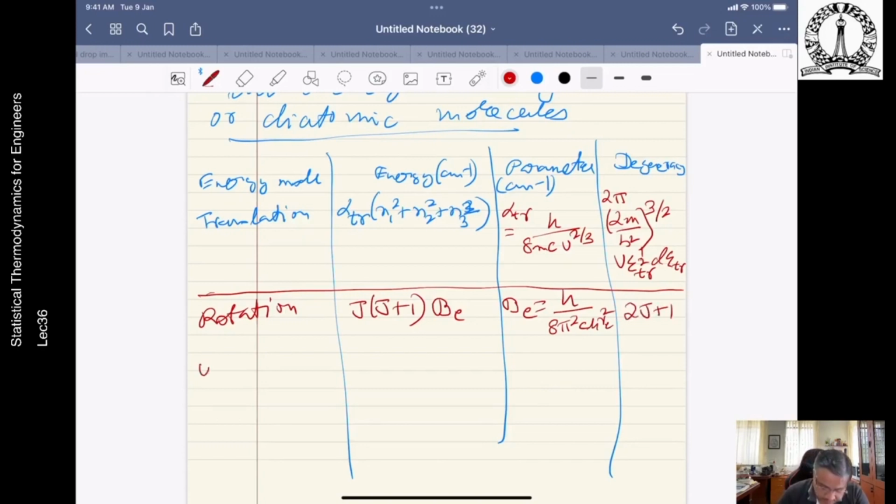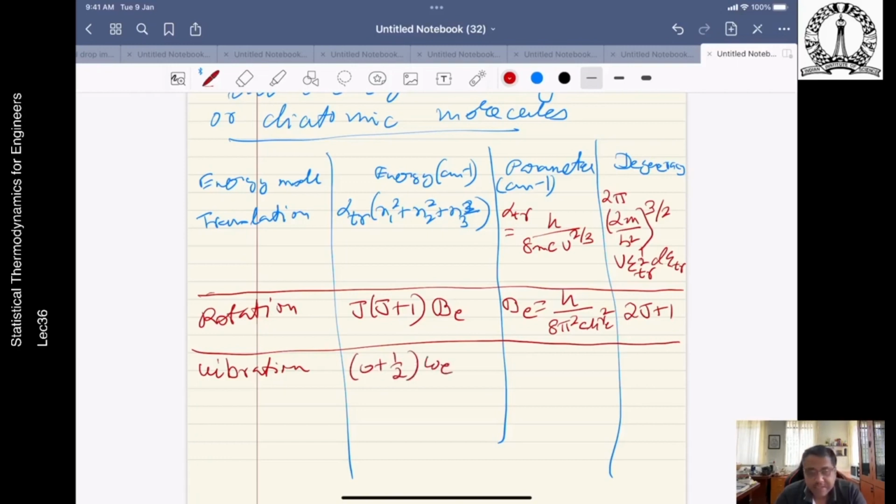Then of course comes vibration. Vibration is v plus half times omega e, and then omega e is given as 1 by 2 pi c root over k naught by mu, and the degeneracy was 1.